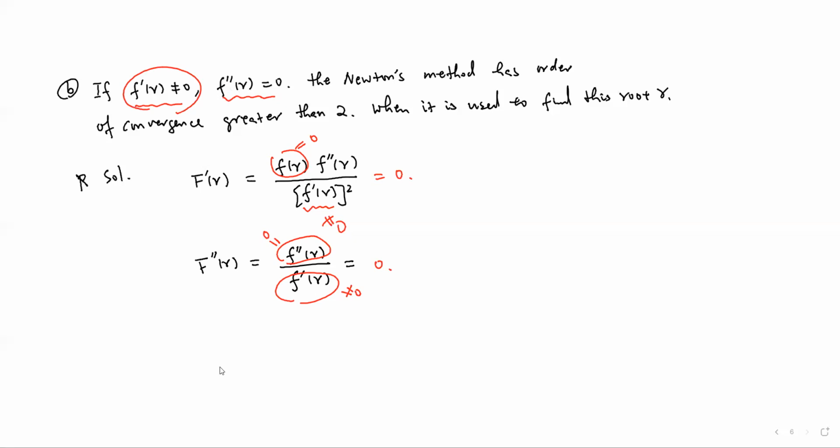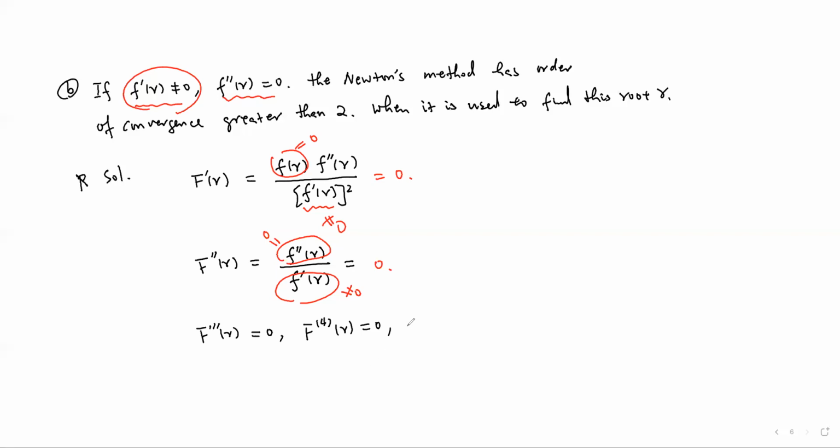And now continue to take derivatives of this capital F. The third derivative at R, I don't know, maybe 0. Take the derivative 4 times at R, maybe 0, I don't know.